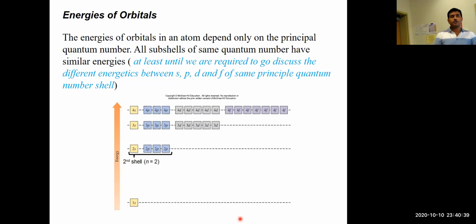Let me remind you how we come to this conclusion. If you remember, Bohr's equation, which is based on Rydberg's equation, helped us identify the energy of an electron in a different shell. Like En is equal to -2.18 times 10 to the power of probably 31, multiplied with 1 over n squared, where n is the shell number.